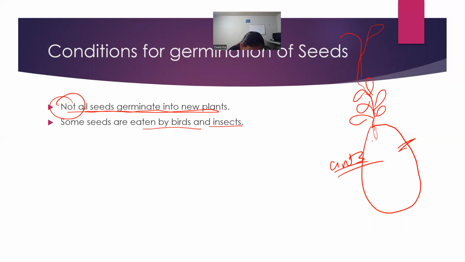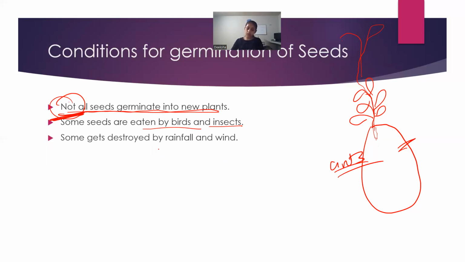The ants will eat this seed, so all the nutrients of the seed are eaten up by the ants. So the ants have destroyed this seed. How will it grow? It can't grow. That's why it is written that all seeds do not germinate into new plants, because some seeds have been eaten up by insects or birds.